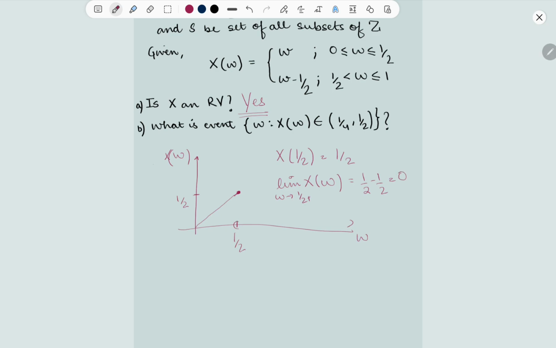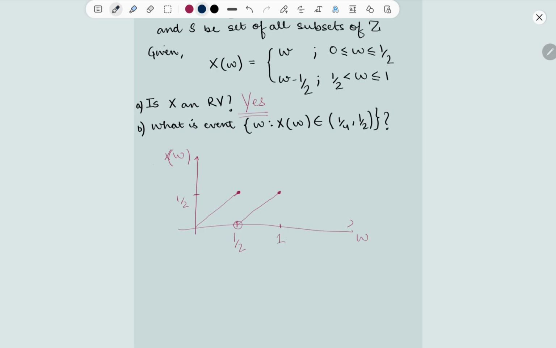So here we get a value 0. From there, at omega 1 we will have the value 1 minus 1/2, which is equal to 1/2. So from all of this, a graph will be defined like this. Here at omega equal to 1, we are again getting 1/2.